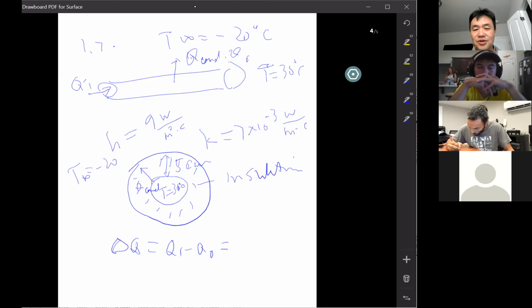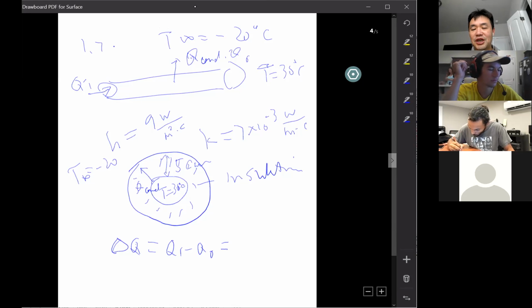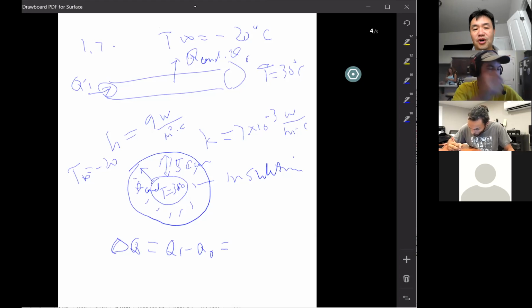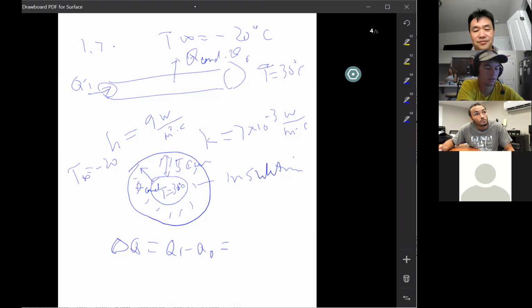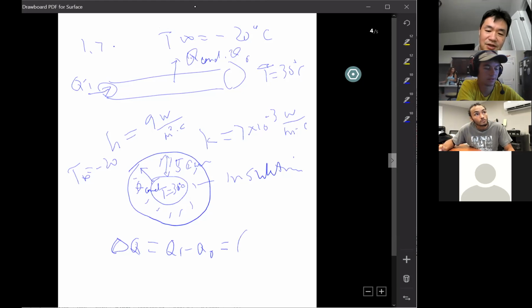So the total energy change from the inlet to the outlet is equivalent to the total heat transfer from the hot oil through the insulation, equal to Q conduction. Nowhere else to go, right?